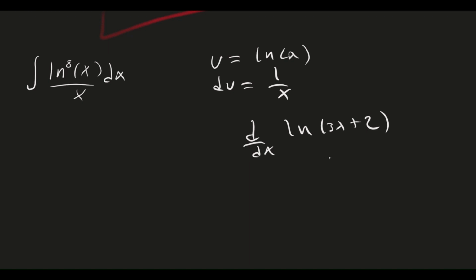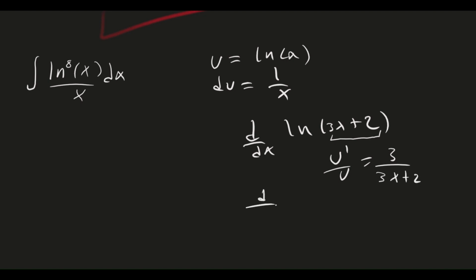The formula is going to be u prime over u, all right? So u in this case is this entire expression, right? U prime is going to be the derivative of u. So in this case, the derivative of u is 3, and u is 3x plus 2.